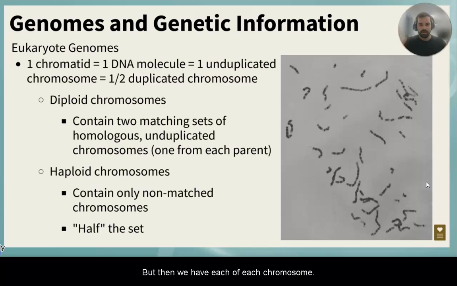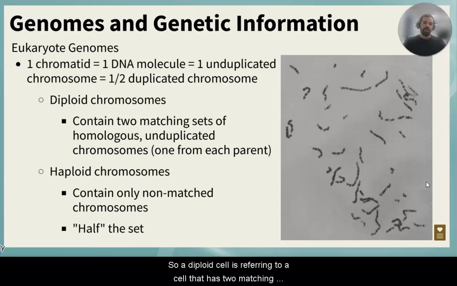But then for each chromosome we have multiple sets. So a diploid cell is a cell that has two matching sets, diploid, di being two. So two matching sets of homologous but unduplicated chromosomes.